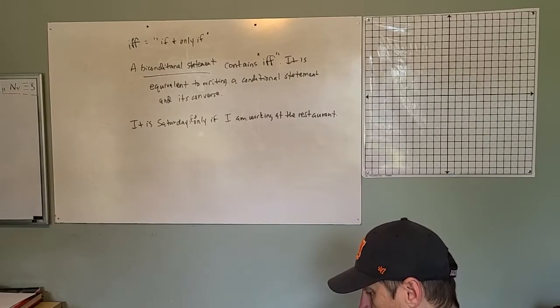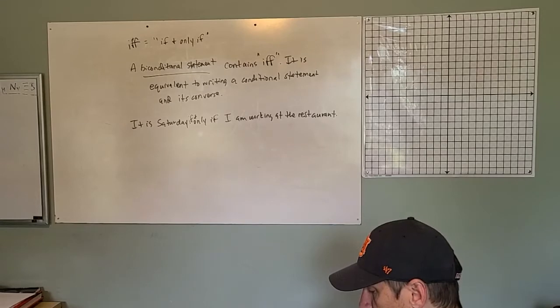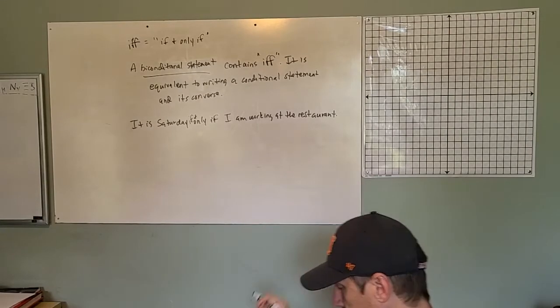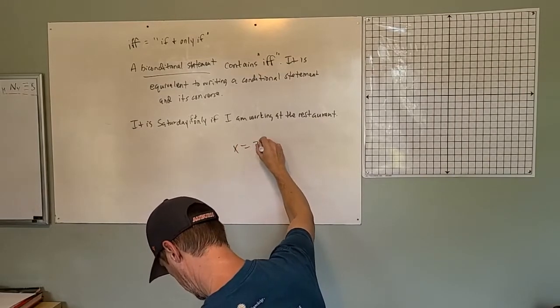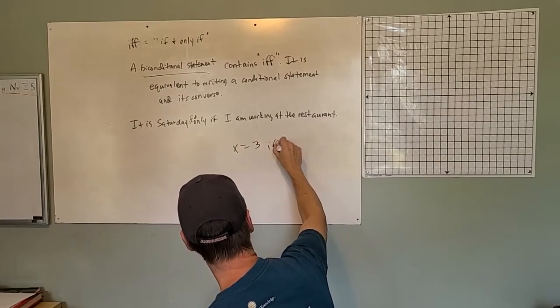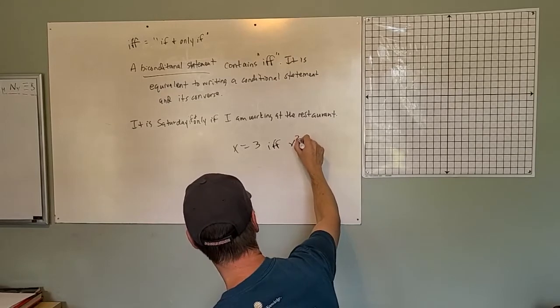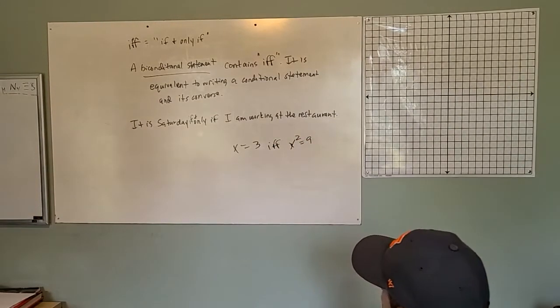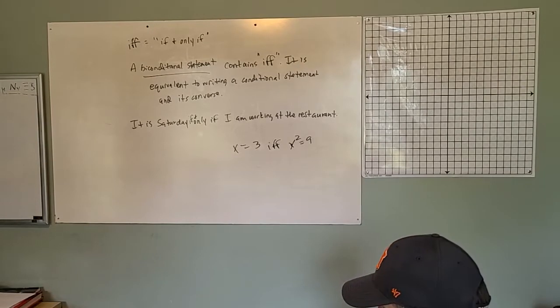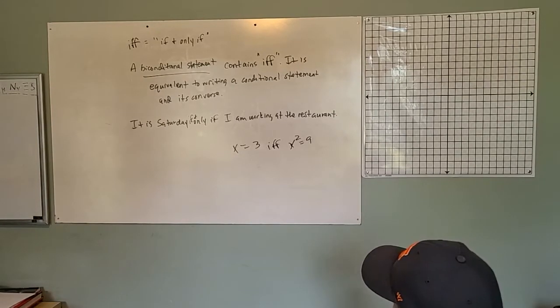Yes. All right. So when we look at example 3, consider x equals 3 if and only if x squared equals 9. We've got that biconditional statement there, and we know it's biconditional because it has if and only if in it.